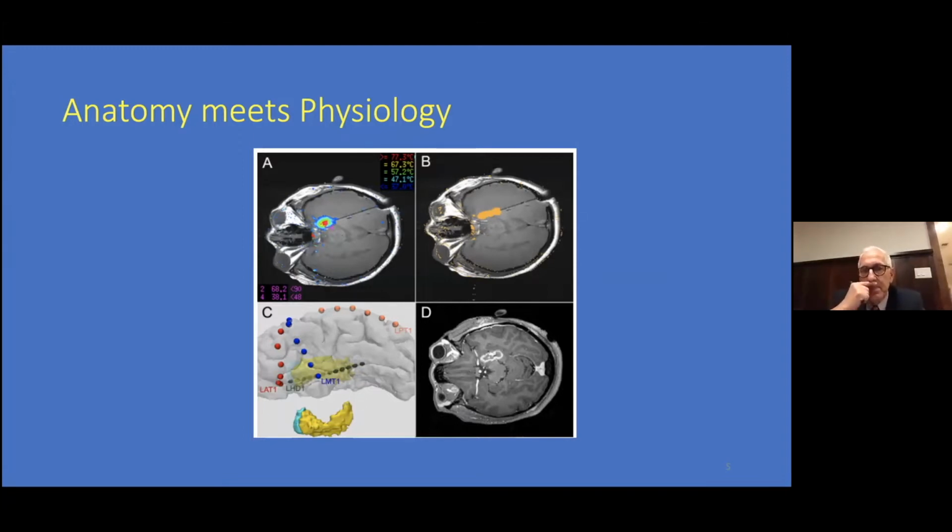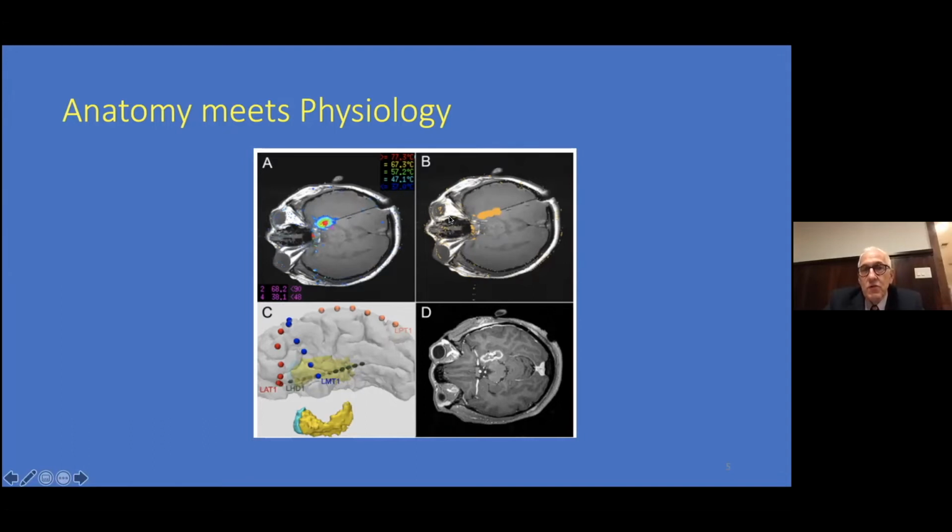What we have done now, and we've now done more than 300 laser fibers, is treat temporal epilepsy, predominantly mesial temporal epilepsy, and other areas of the brain as well, using lasers.